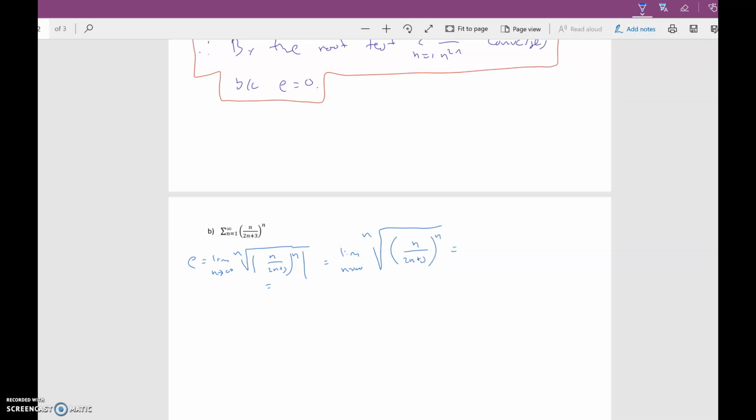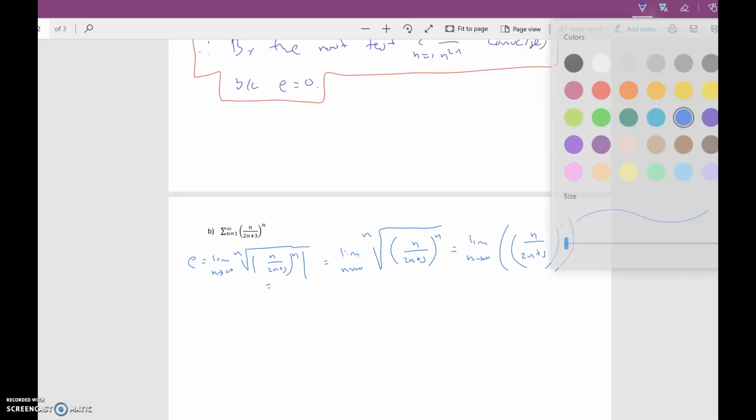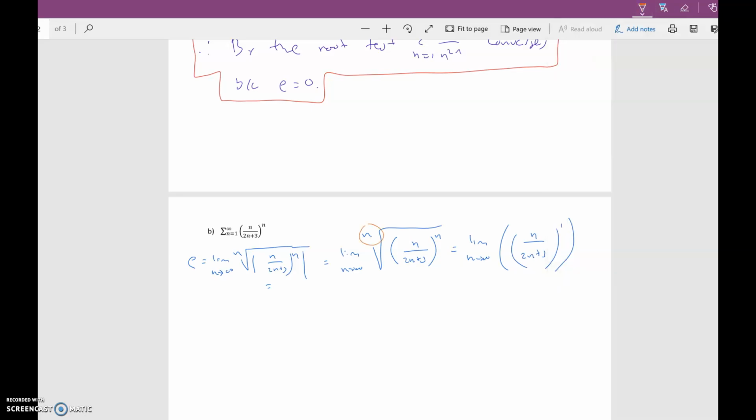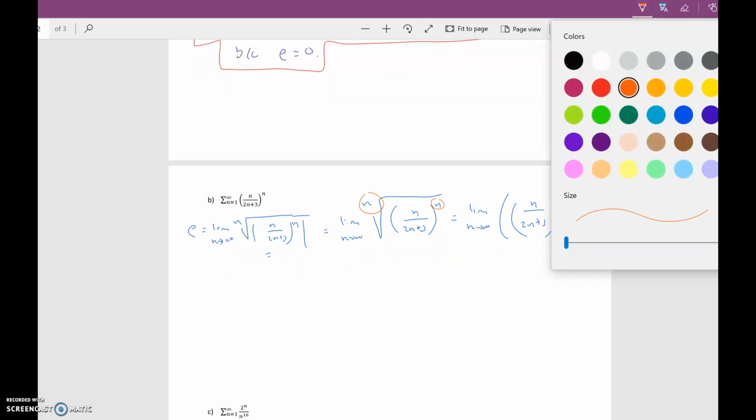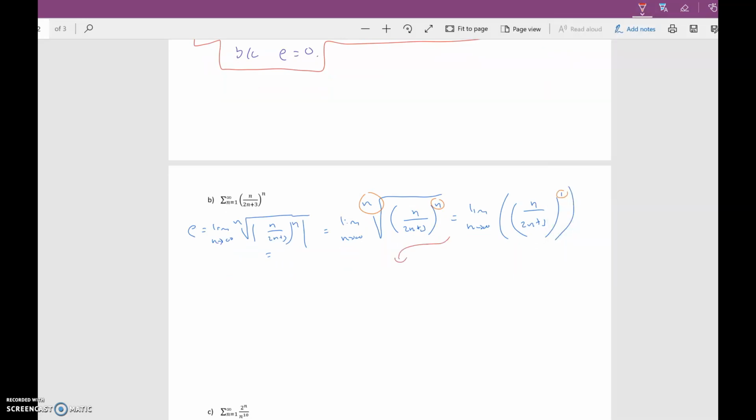So this is still the limit as n approaches infinity of the nth root of n over 2n plus 3 raised to the n, which is just going to give us the limit as n approaches infinity of n over 2n plus 3 raised to the first power. I'm canceling in one step the root and the n power, which gives you the 1.